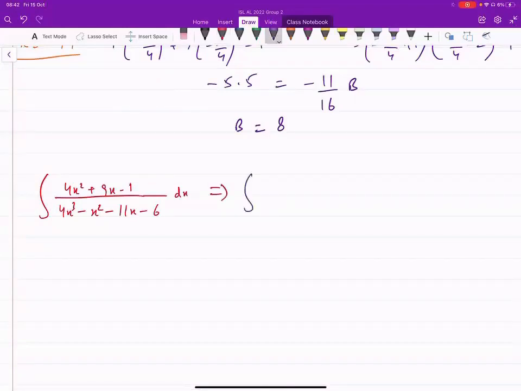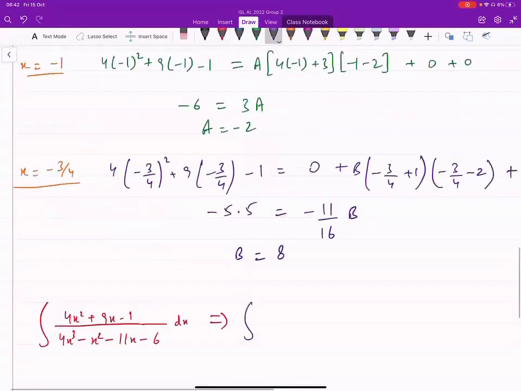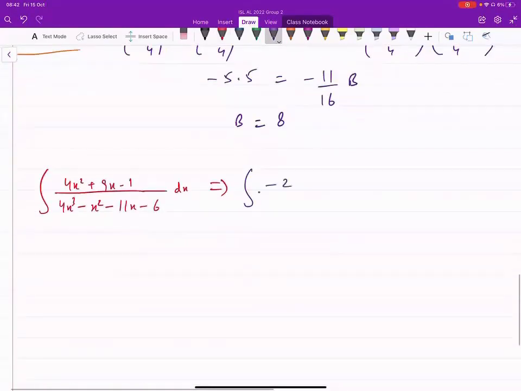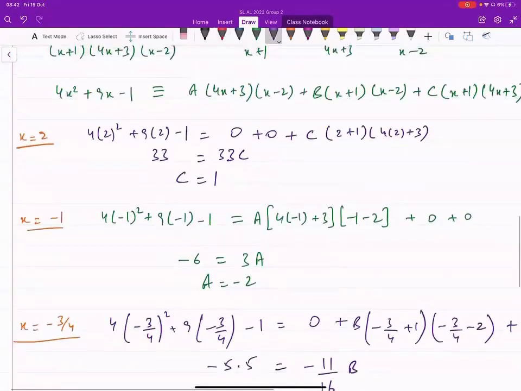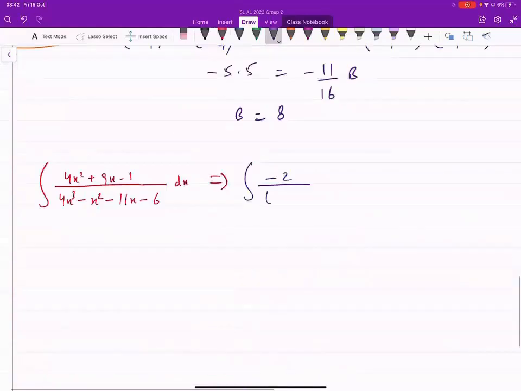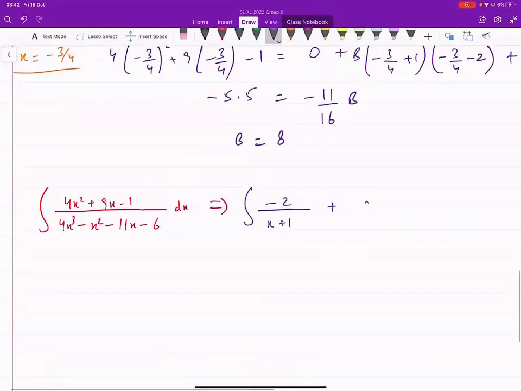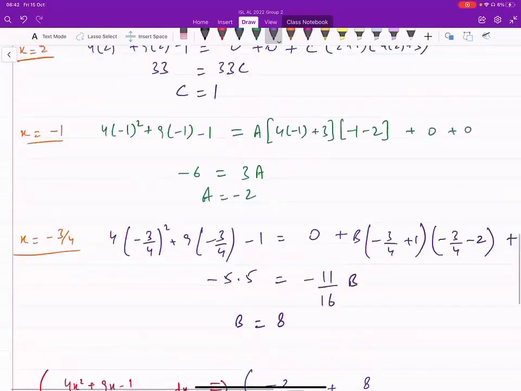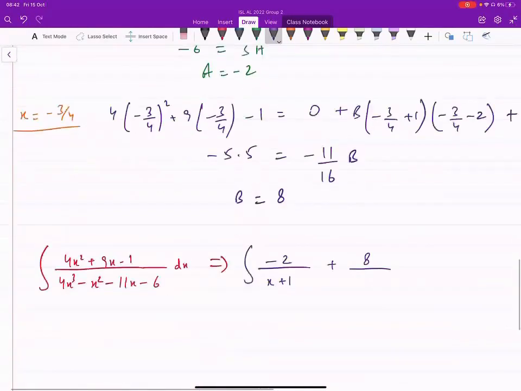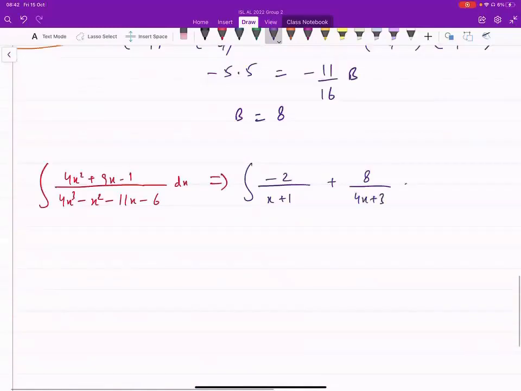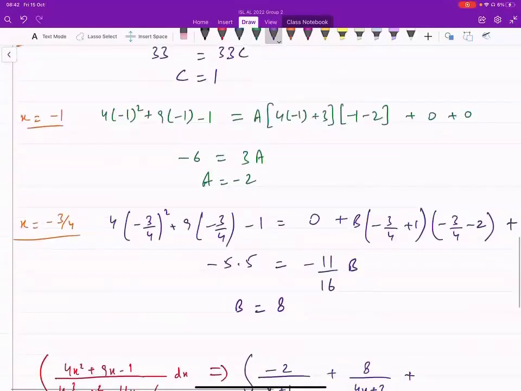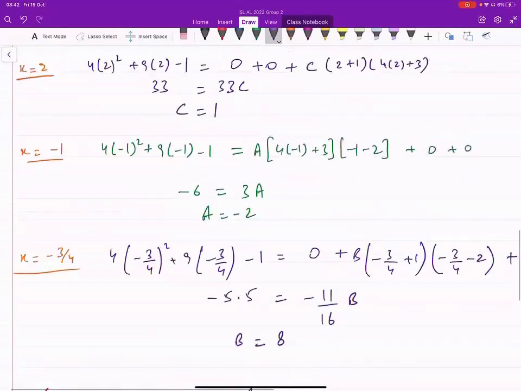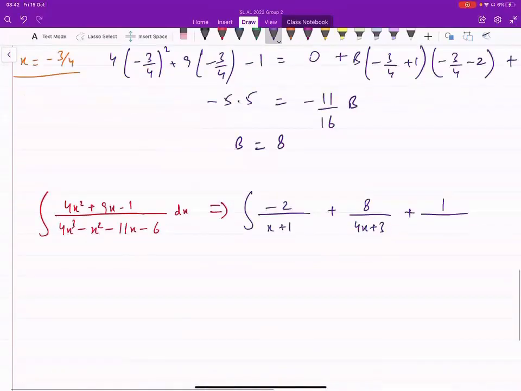It's the integral of a is -2 over the first factor x plus 1 plus b, which is 8 over the second factor 4x plus 3 plus c, which is 1 over the third factor, which is x minus 2.